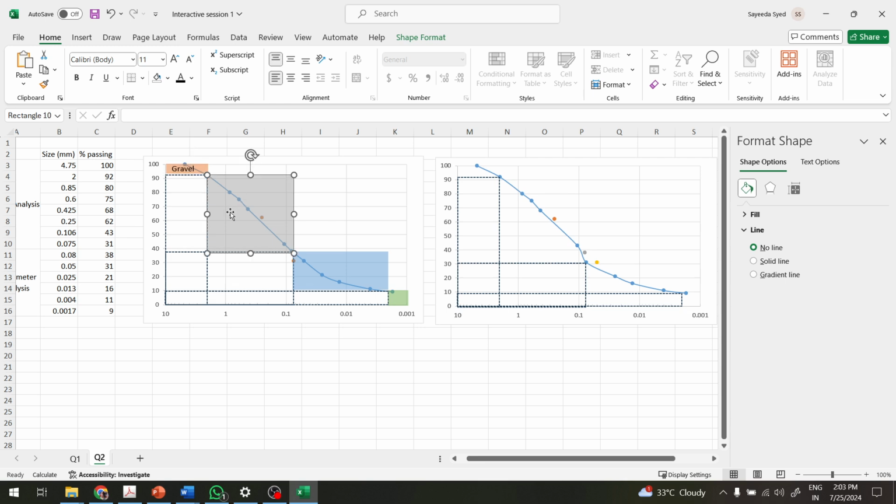There will be sand. This will be clay. And this will be silt.